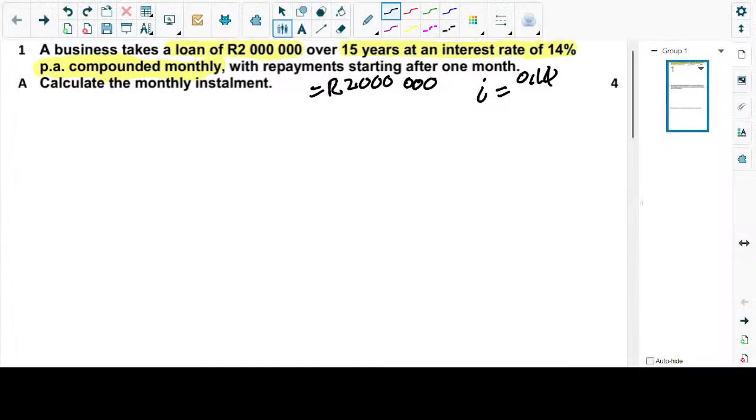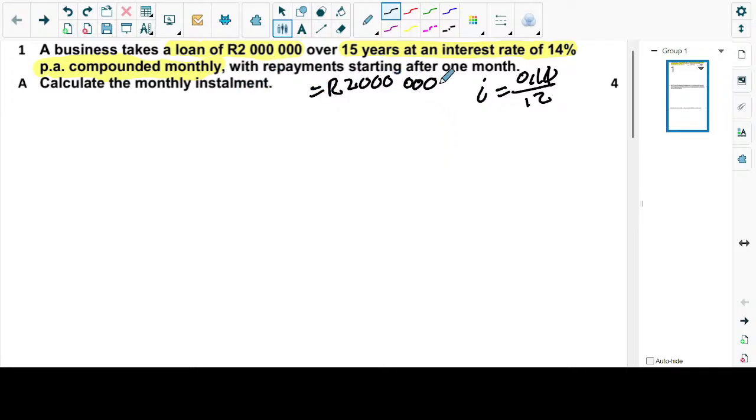So we're going to talk about i and put it in decimals: 0.14 divided by 12. So that's our i. Now, what else did they say? They said it's compounded monthly.